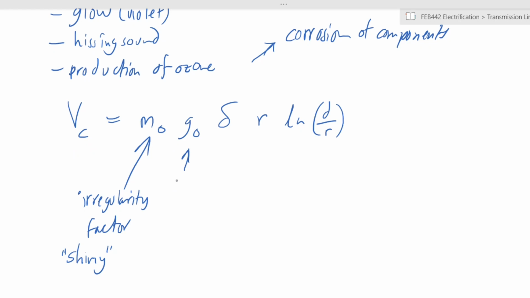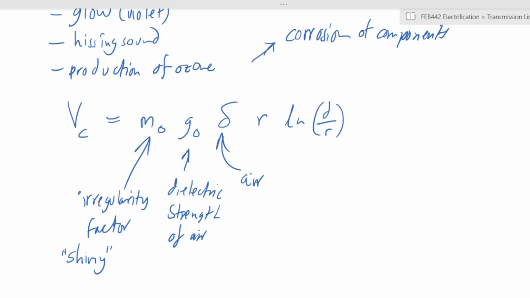G0 represents the dielectric strength of the air, and this is affected by various properties: humidity, the amount of dust and so on within the air, various characteristics of the air, the altitude and so on and so forth. All those have an impact.